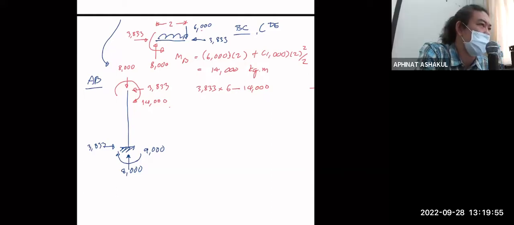I have to say my apologies because I don't really pay the utmost attention to the direction. It's good that you bring it up, because when you see this number, it's greater, right? Let's say 4,000 multiplied by 6, that's 24 something. This moment is trying to move your structure to the right, clockwise.